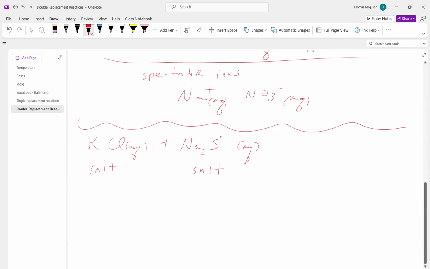All right, so we have potassium chloride plus sodium sulfide, both aqueous. Dump those together. What is the new combination? The new combination is going to be KS plus sodium chloride.